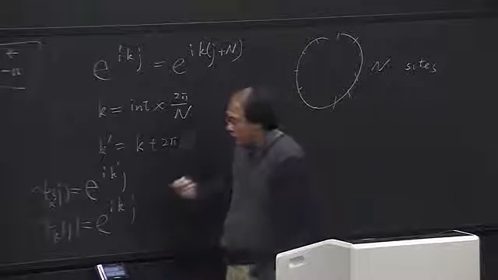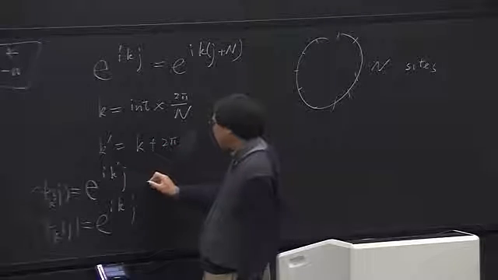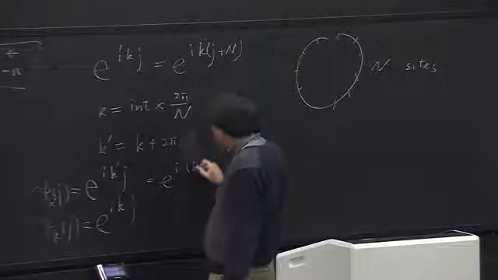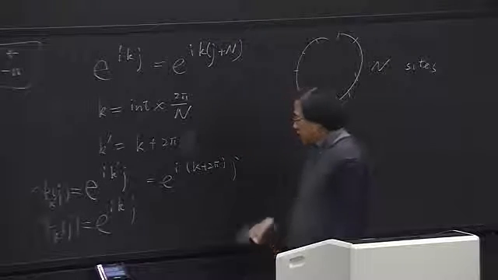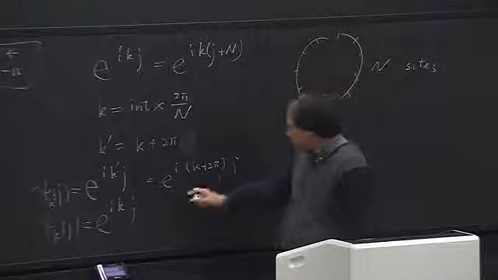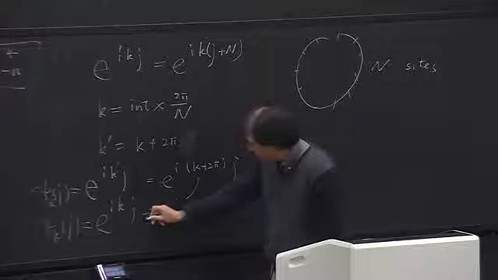These two wave functions are actually the same, because if you plug this k prime into k plus 2 pi here, it is just e to the i k plus 2 pi j. Because j is an integer, 2 pi times j with i is 1, so these two wave functions are the same.